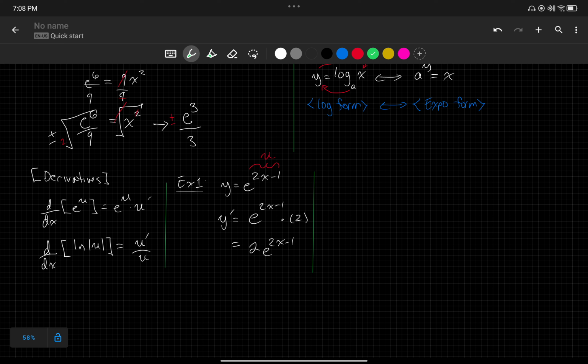Number 2. Let's see, e and then x times natural log of x. X times natural log of x. Okay, so it's multiplication.